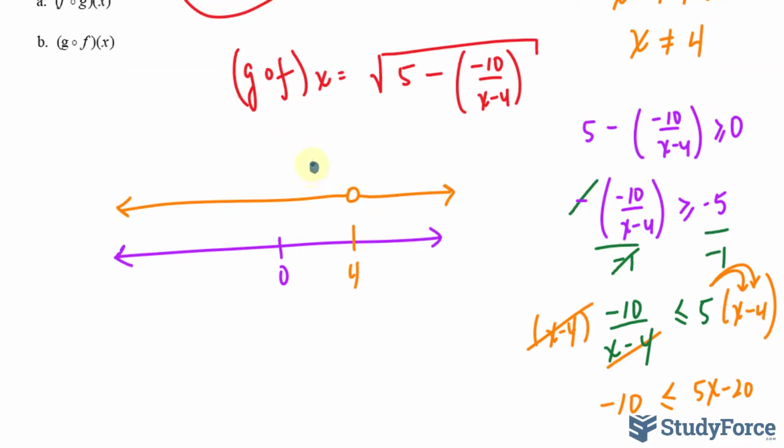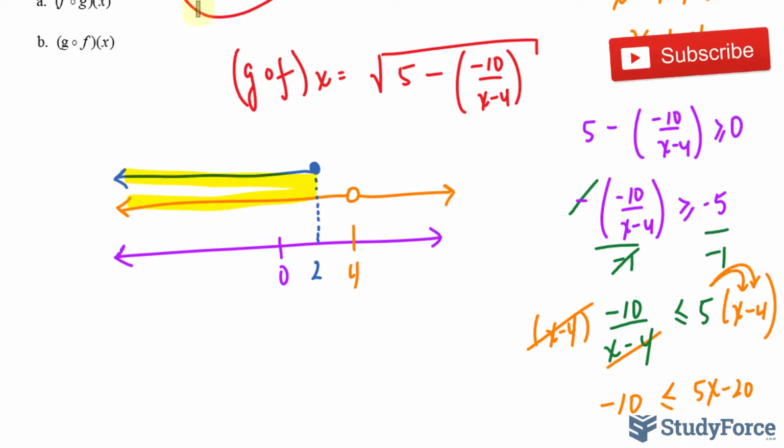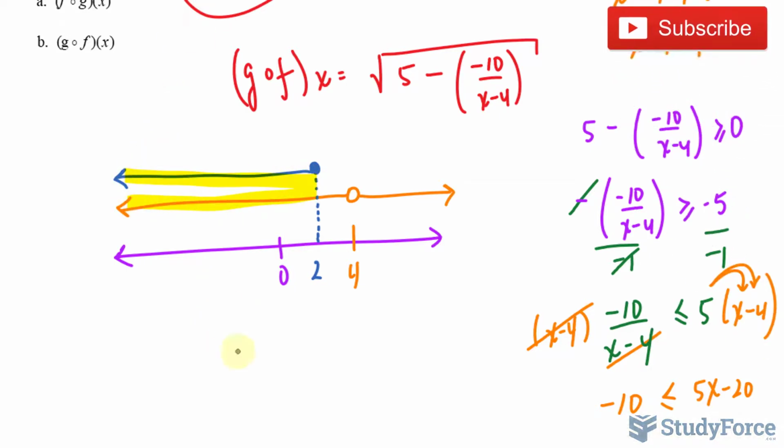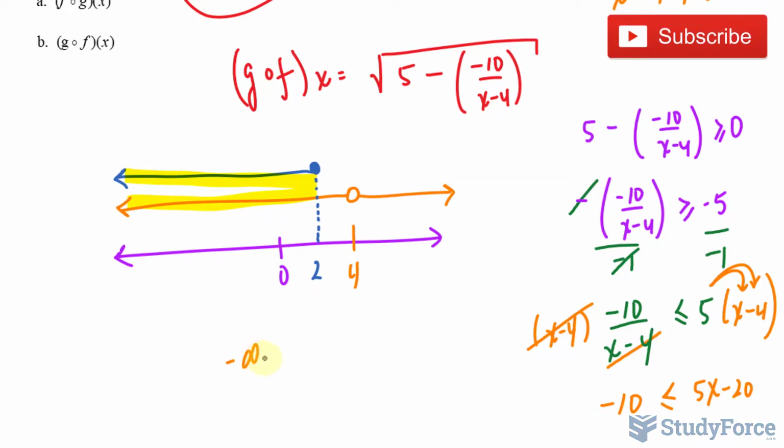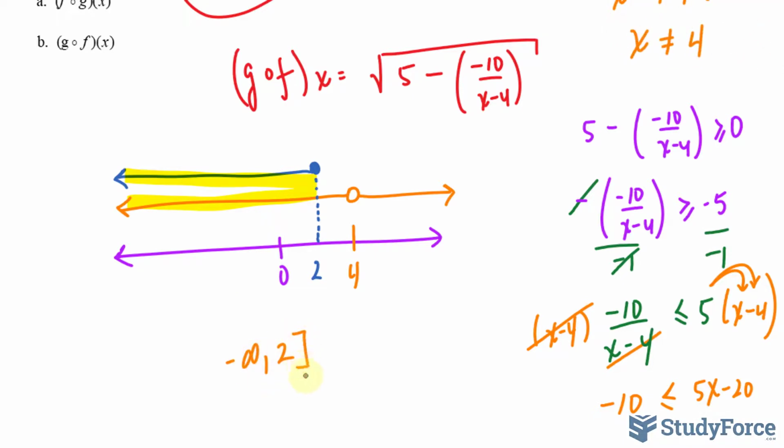So I'll put a solid circle that corresponds to 2 and everything to the left. So where they are in common is part of the domain. So I'll write down negative infinity all the way to 2. It can reach 2, so I put a square bracket and parentheses around this one.